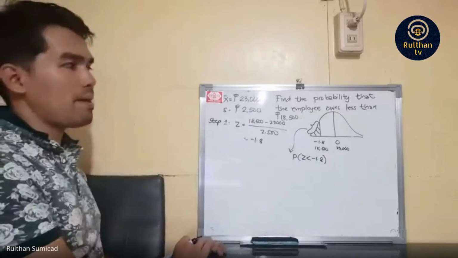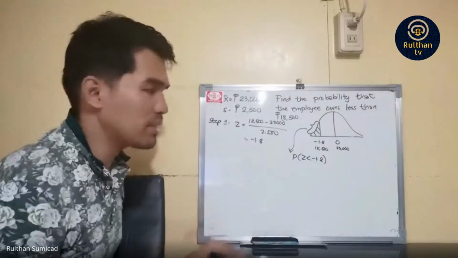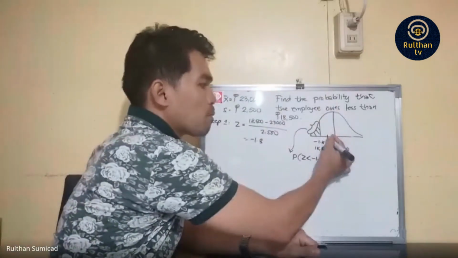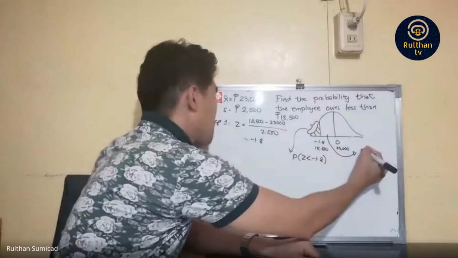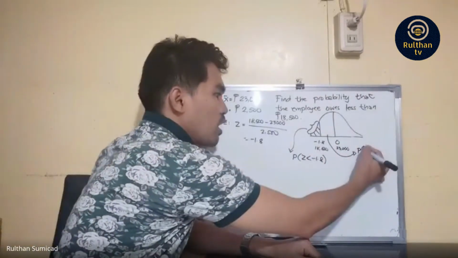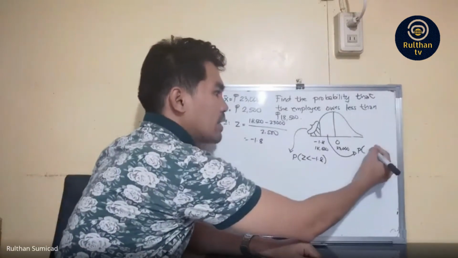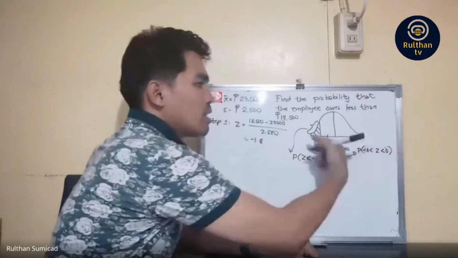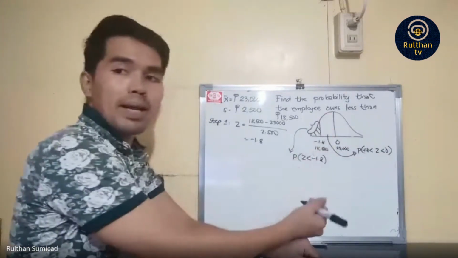That's our problem. But to solve this, we know from the z table that it only goes from 0 up until this one. So we need to get this proportion, the value for this area, which is P of a z-score greater than negative 1.8 but less than 0. This area, where the arrow is from.